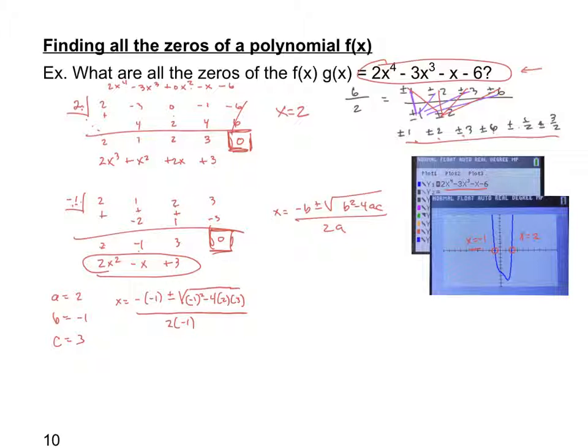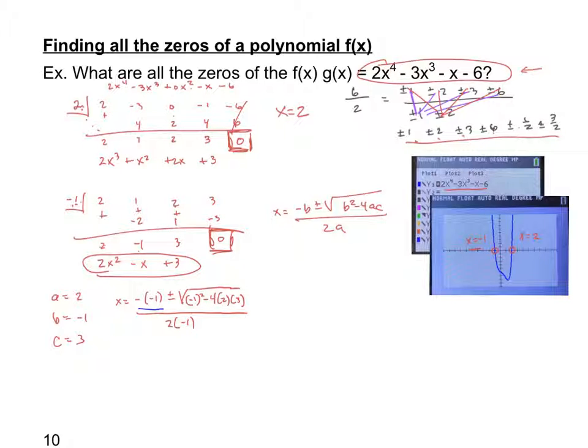I've substituted my values of a, b, and c into my quadratic formula, and we can see here negative b plus or minus the square root of b squared minus 4 times a times c, all over 2 times 2.